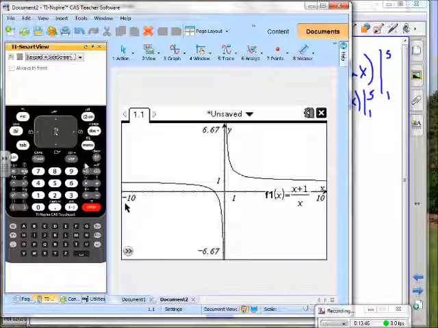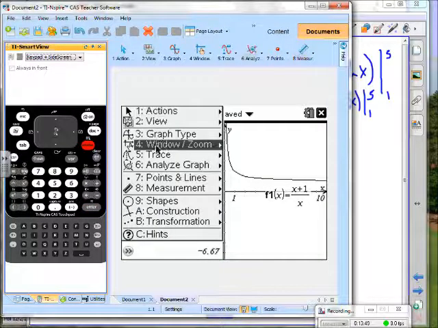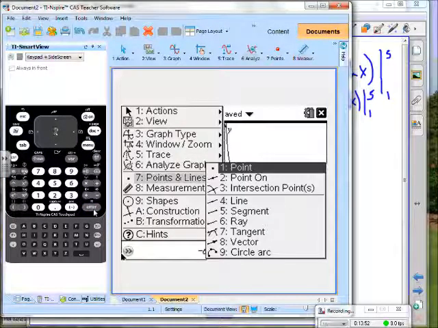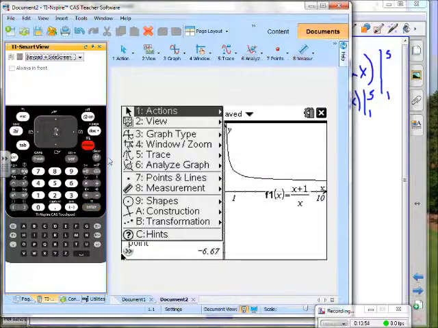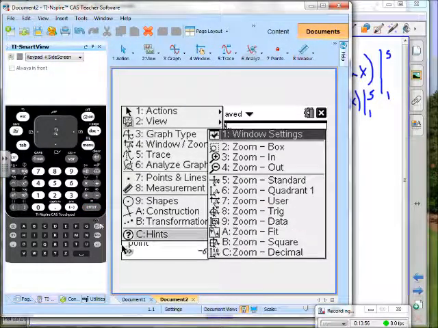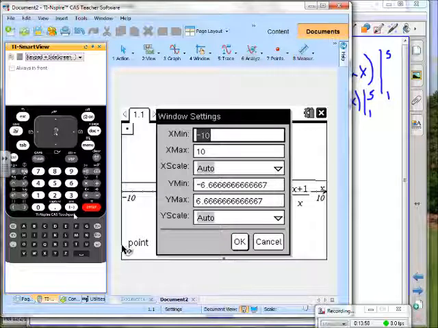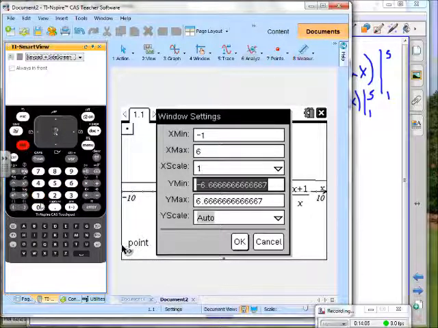I'm only interested between 1 and 5. Change the window. So I'm going to put in -1 to 6, scale by 1.